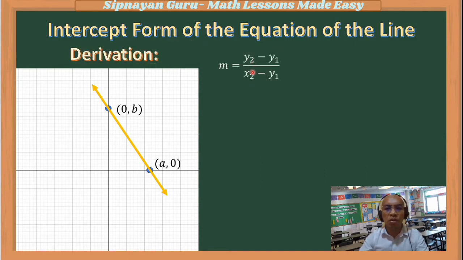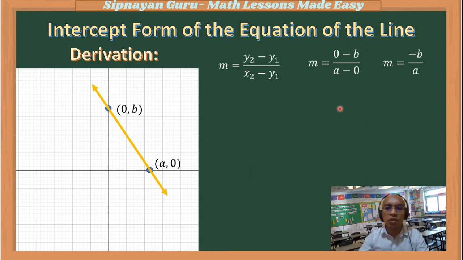Using the formula for the slope, suppose this is our point 1 and this is our point 2. So substitute to the given formula. The slope is equal to 0 minus b all over a minus 0. For the simplification, the slope of the line that passes through these two intercepts is negative b over a.